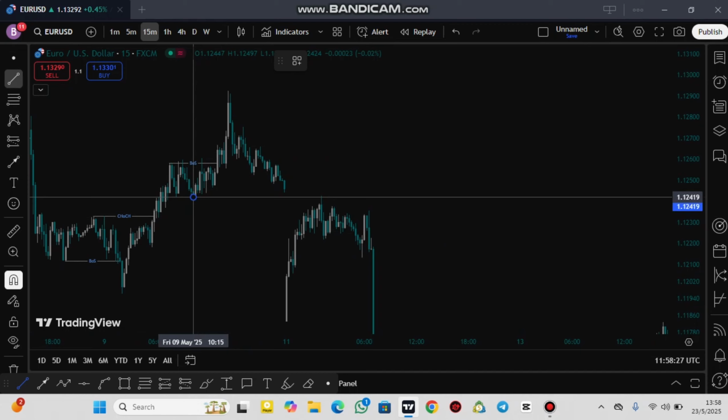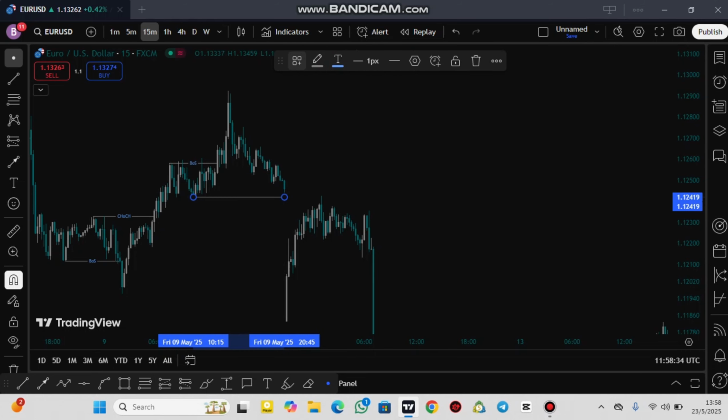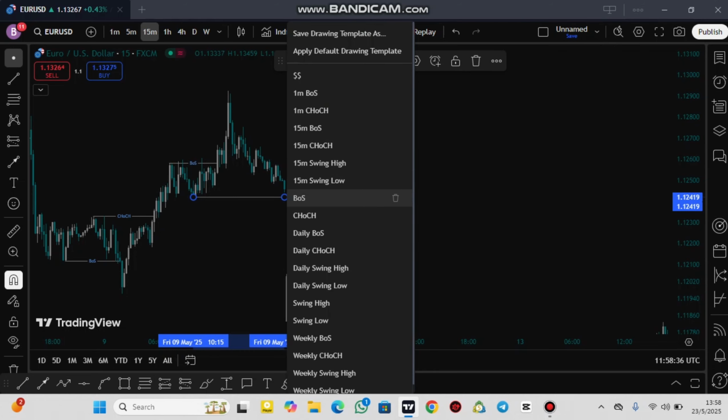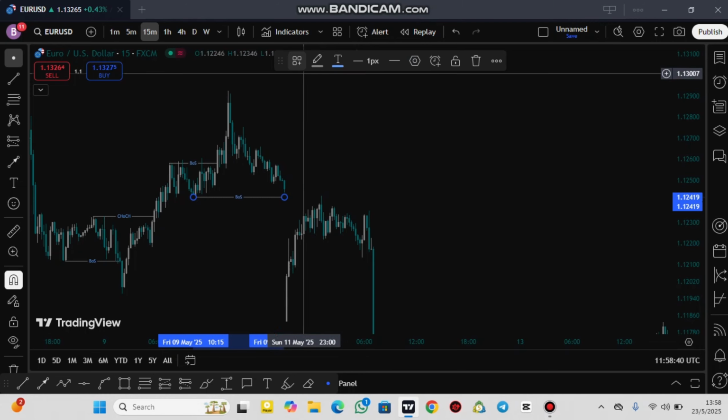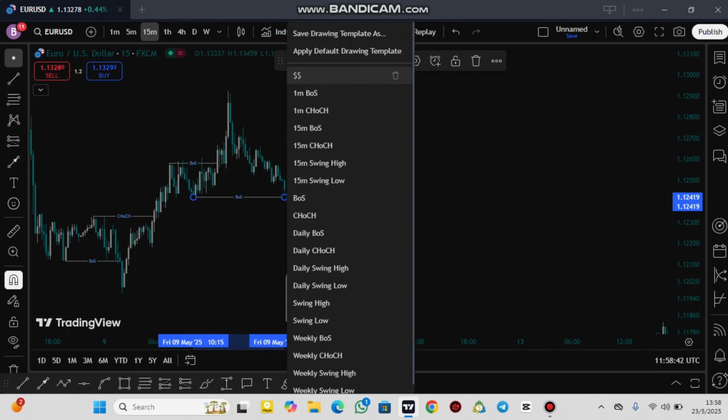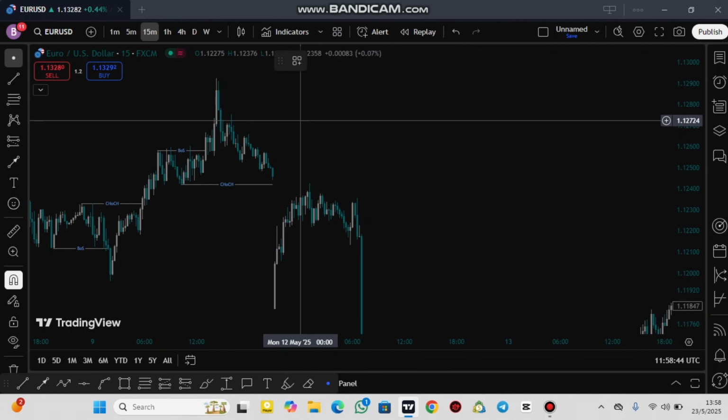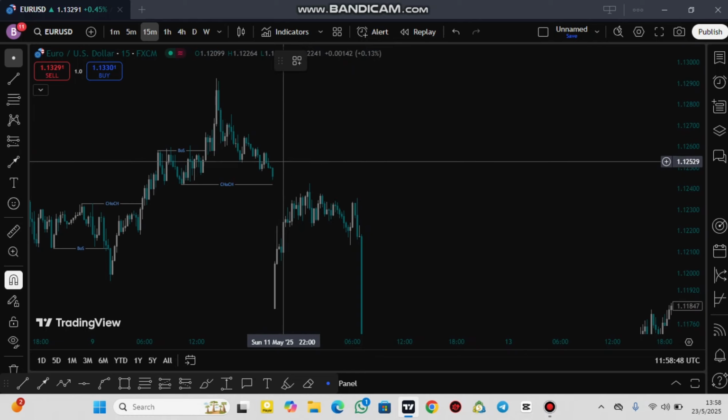Okay, and then price kinda gives us a change of character here. There's a gap. These gaps usually happen over the weekend, right? So initially when price closes on Friday, usually on Monday, if there's a high flow of orders, price just jumps.